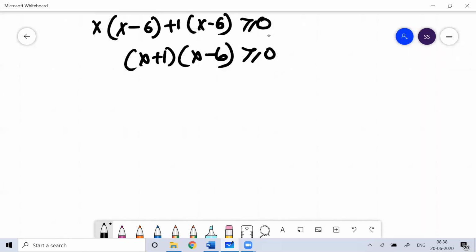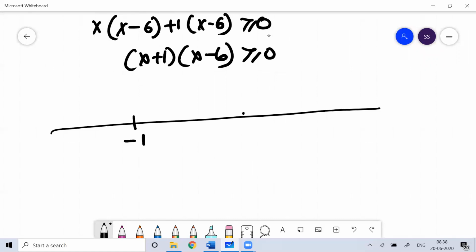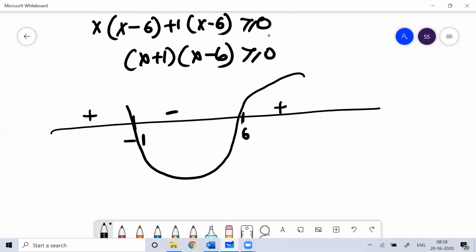So ultimately, if you plot the number line, the critical points would be minus 1 and 6. So this is positive, negative, positive. You can draw the wavy curve like this, and you are looking for values greater than or equal to 0, so both points would be inclusive here.